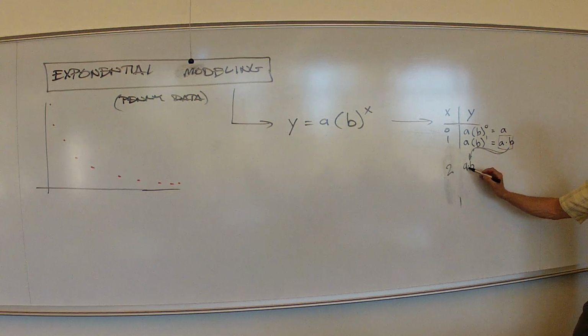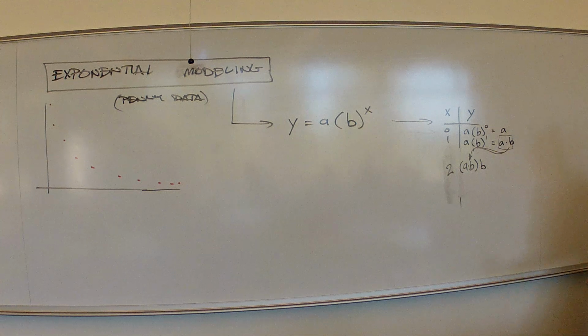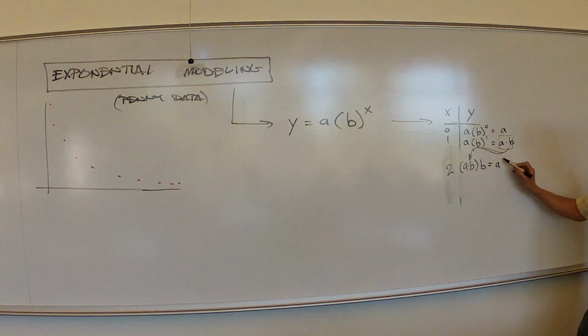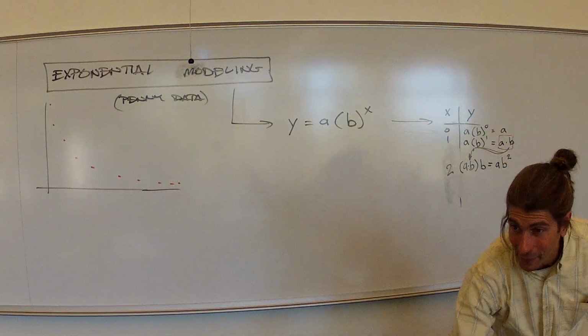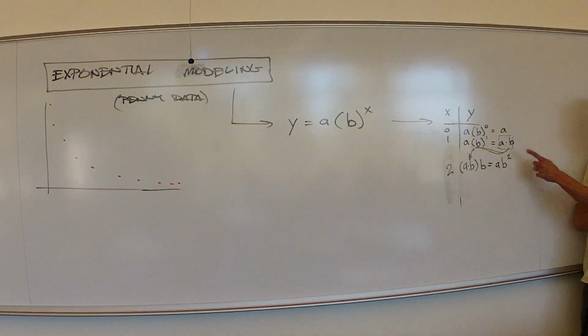So we're going to apply that repeated multiplication of B to who remained. So it's A times B, which ends up being A times B squared. And this is why they're called exponential functions: the variable is the exponent. And that's what makes it kind of cool.